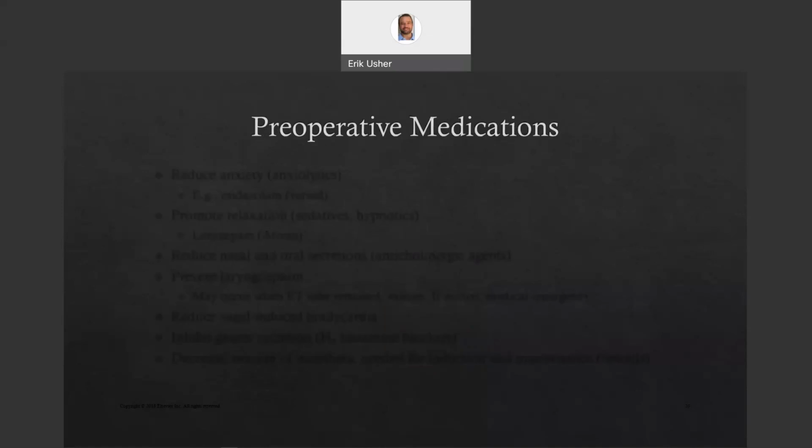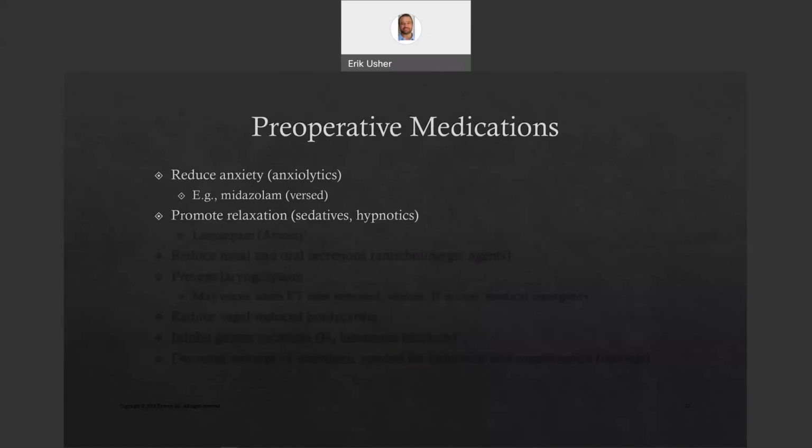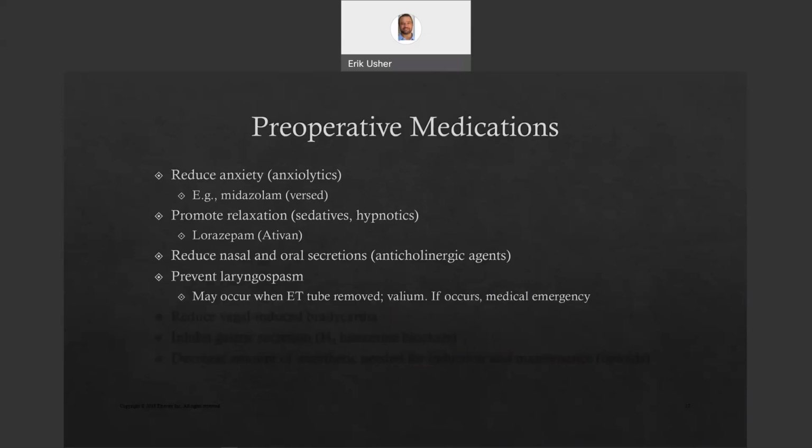Preoperative medications. Well, we have anxiolytics. Again, if they have anxiety, usually give a little bit of that, maybe a little Versed, to chill them out a bit and promote relaxation. We can give a little bit of Ativan too. Reduce nasal and oral secretions: they may have an anticholinergic agent given. Prevent laryngospasm, which may occur when the ET tube is removed.